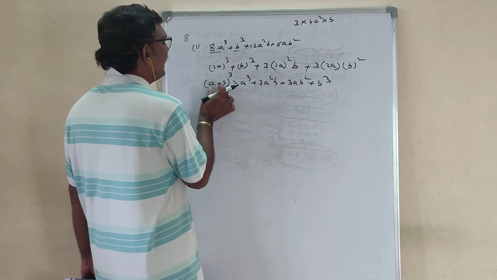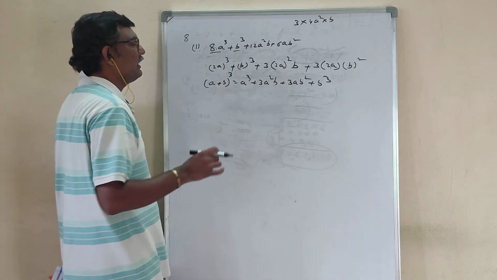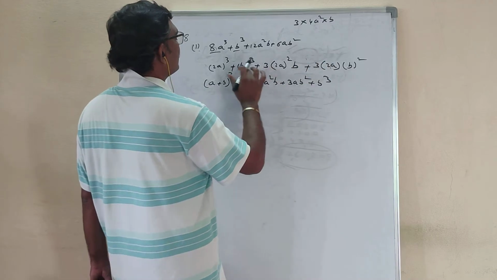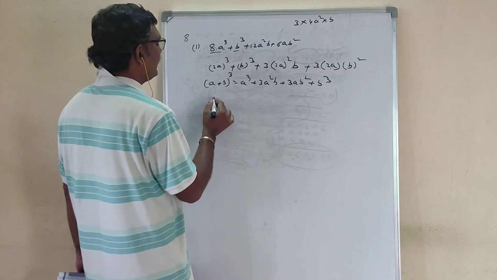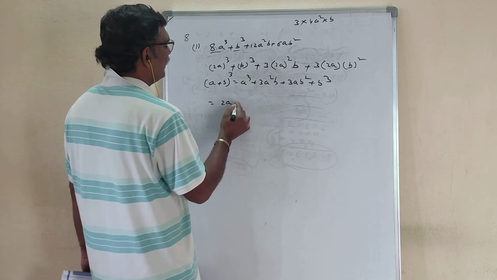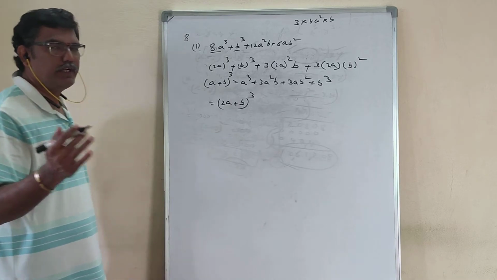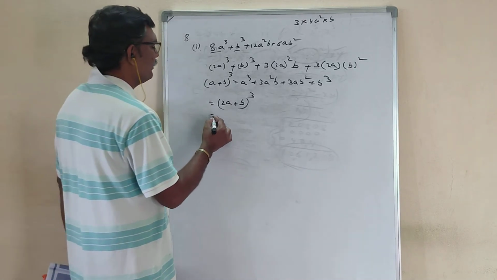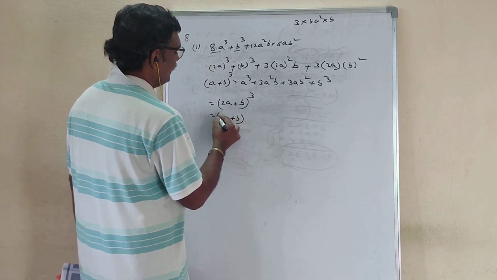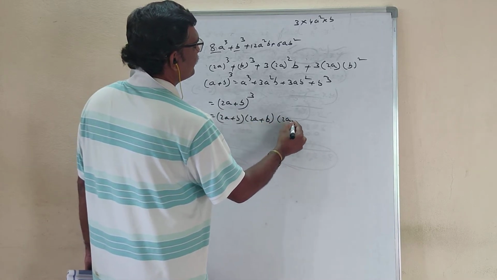Now if it is given like this, you can write it like this. Identity means if the RHS is given, you can make it the LHS. So the LHS you have to write is a plus b whole cube. In place of a you have 2a, in place of b, b only, whole cube. So a cube means a into a into a. 2a plus b whole cube means 2a plus b into 2a plus b into 2a plus b.